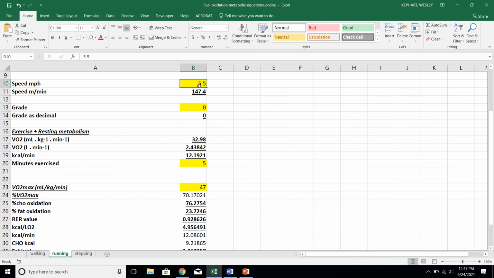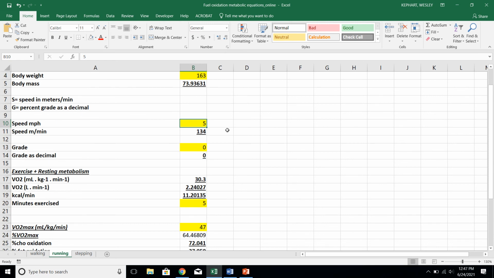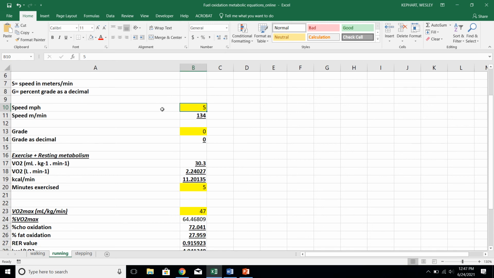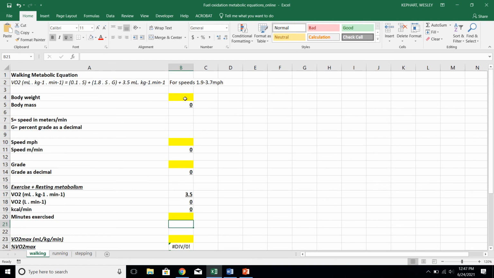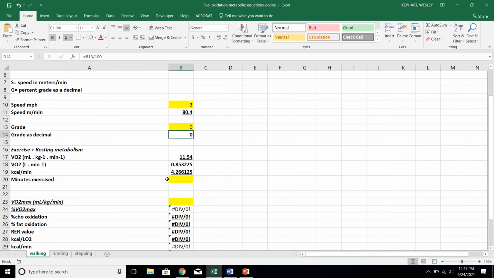So there, maybe it's, yeah, it looks like my crossover point might actually not even be with running. So I might have to go back over here to walking. What did I say? I was 163. Let's 30, all that type of stuff, and 47. RER value right there.